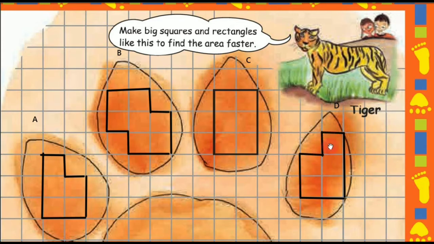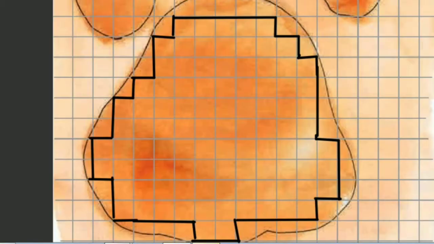So 5 complete squares plus 5 more than half filled squares is equal to 10 square centimeter, the area of part D. So the area of part A is 14.5 square centimeter, part B is 13 square centimeter, part C is 14.5 square centimeter, and part D is 10 square centimeter.